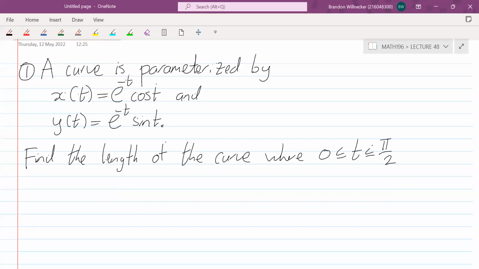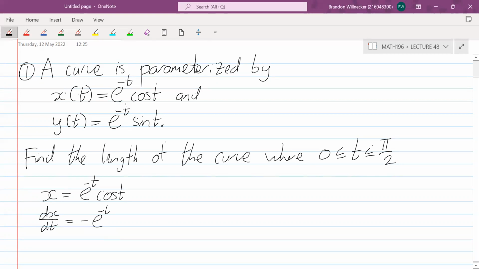The first thing we need to find is the derivative of x and the derivative of y. If x is equal to e to the minus t cos t, then dx by dt is going to be minus e to the minus t cos t minus e to the minus t sin t.